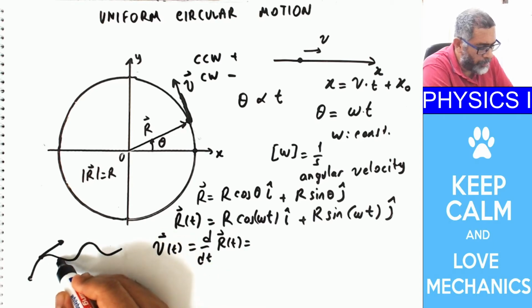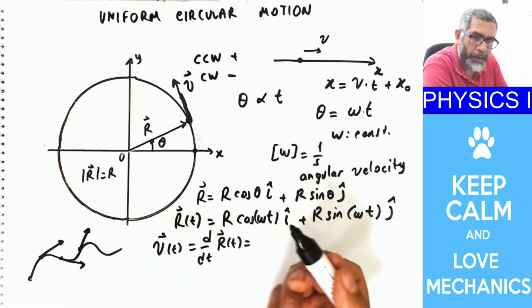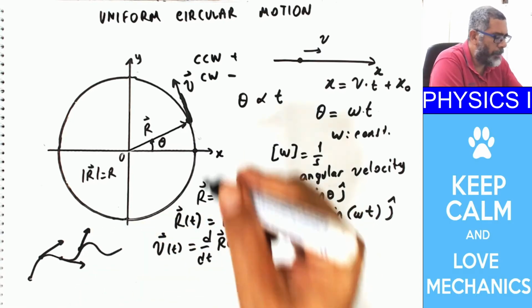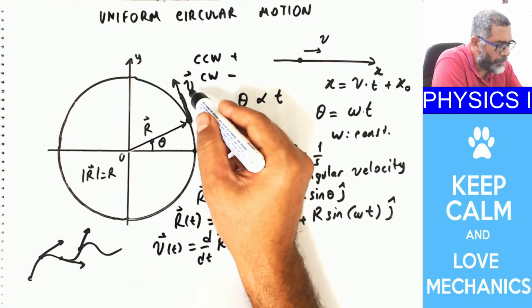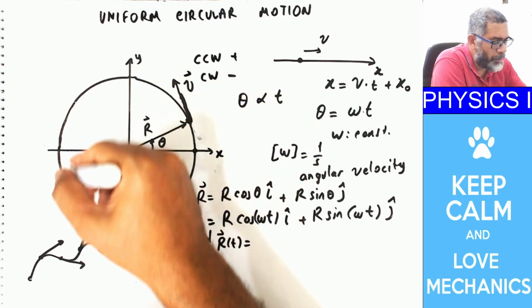For example, over here the velocity vector is tangent over here, and at this point it is tangent to the path over here, and so on and so on. So by this token, the velocity vector at any point is tangent to the circle.